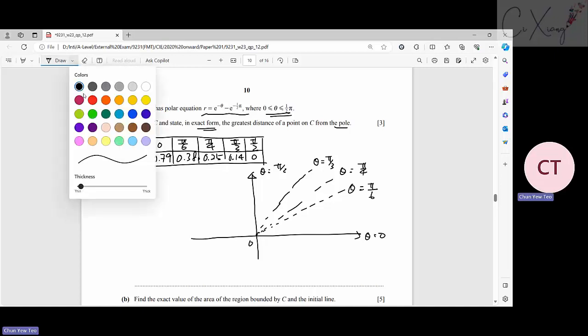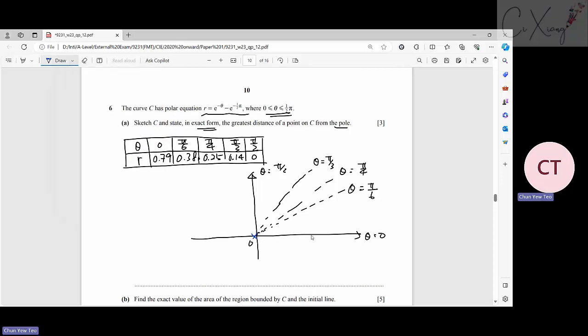So over here, I use a different color to show you the points. So this one is at pi over 2, you get 0. When theta equals 0, you get 0.79. Then at pi over 6, you get 0.38 somewhere here, almost half of this.